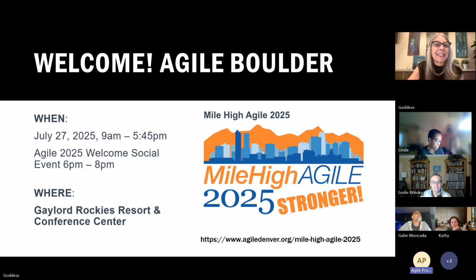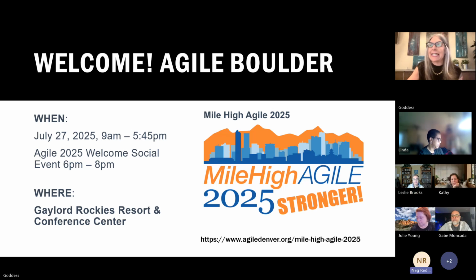Time check, Jen. It's 6:02. We can get started. All right. Well, thanks everyone. Welcome to the session tonight. We are Agile Boulder, an offshoot or a SIG of Agile Denver. So if you are in the area, make sure you look up Agile Denver. We have Leslie, who's coming back to Colorado.